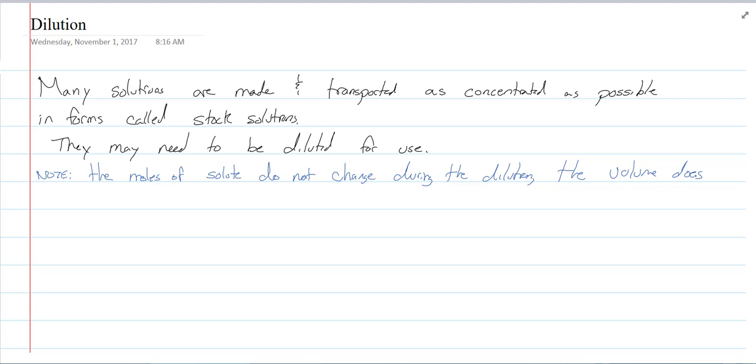As the ice melts, the amount of soft drink in that cup does not change. The volume of water does, because the ice doesn't count as the volume of water. It's solid, and when it melts, it becomes water. It does add to the volume of water, so you technically dilute it.